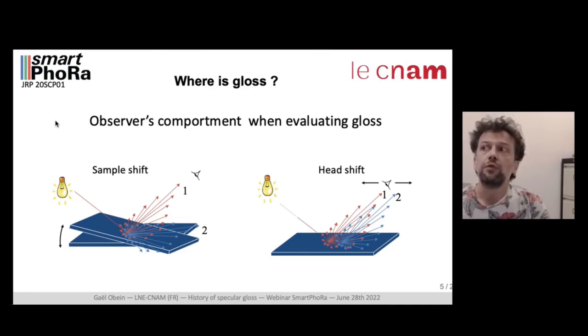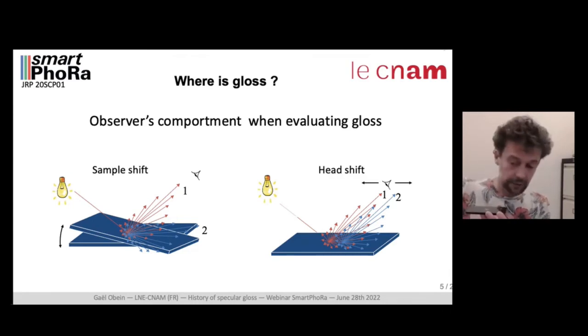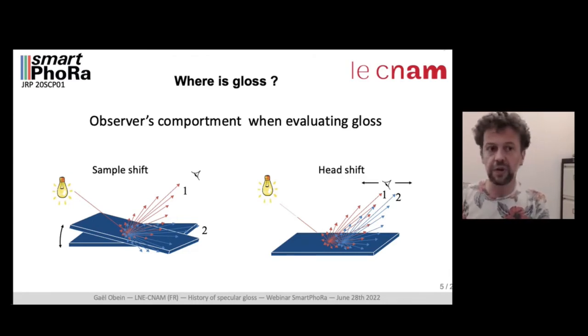If you want to make a measurement of a sensation, you have to ask observers. If you ask an observer to evaluate the gloss of an object, for instance a glossy object, the observer will look at a light source, and then put his look in the specular direction according to the surface.